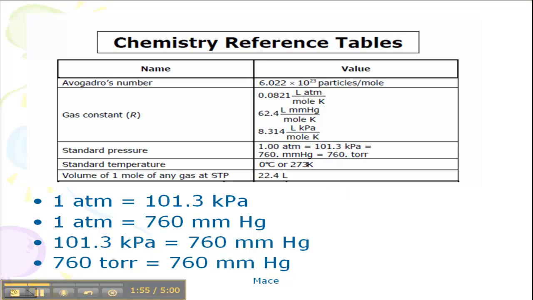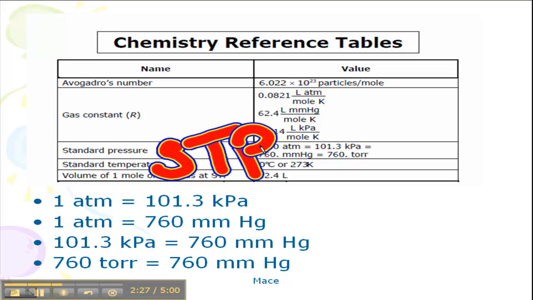So what I want you to do is take a marker, highlighter, some sort of writing utensil, and write really big right here, S, T, P. So STP is going to be right here.